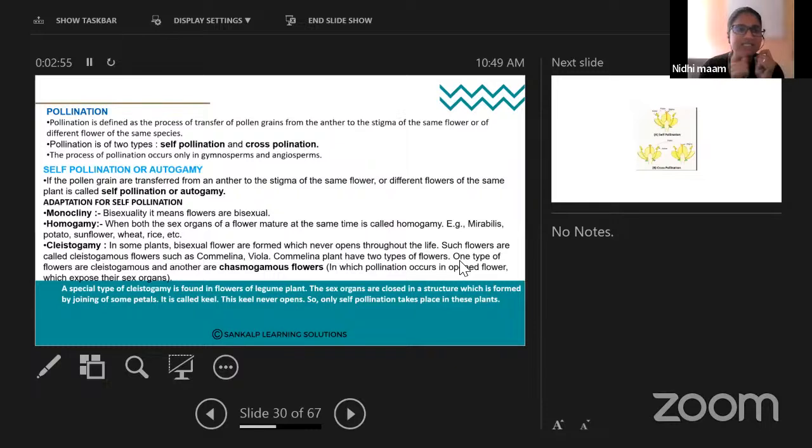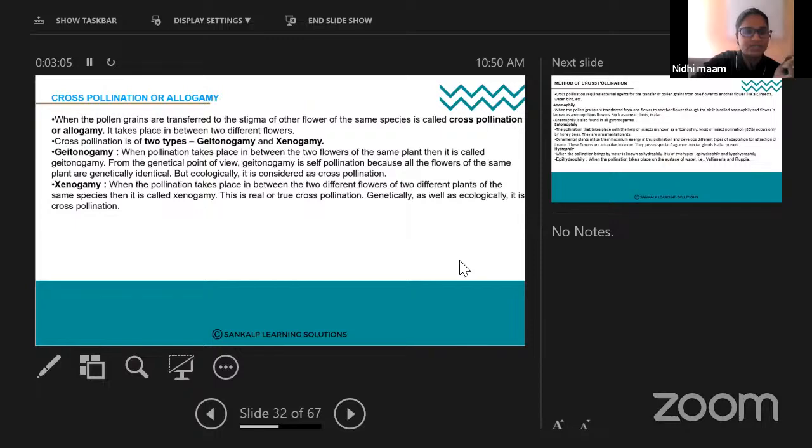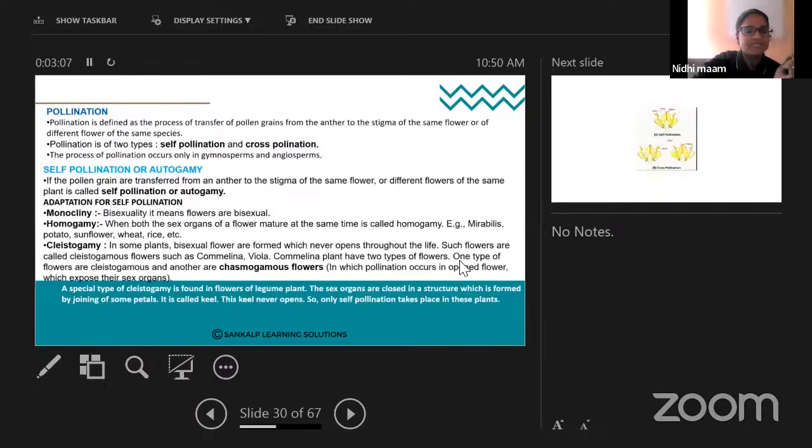Right? So this is regarding self-pollination or the adaptations of self-pollination. Very important for 2 marks. Describe the adaptations of autogamy: when asked, we should write bisexuality, homogamy, cleistogamy.